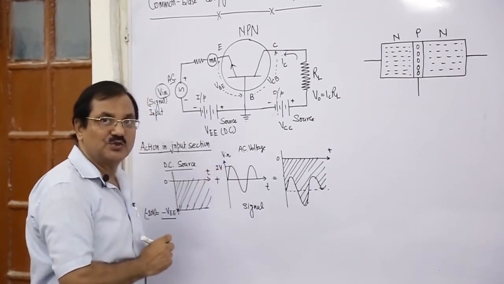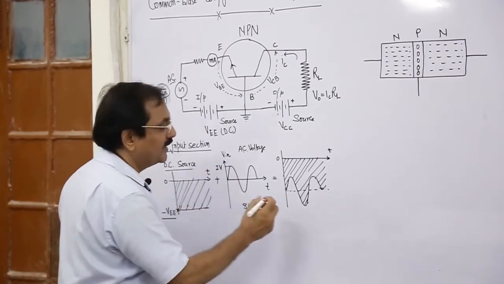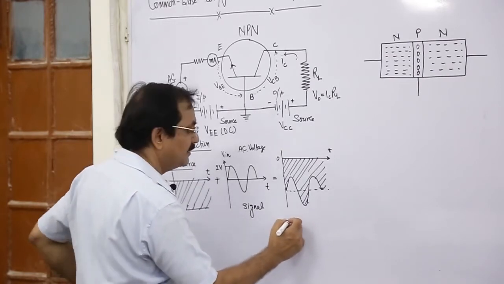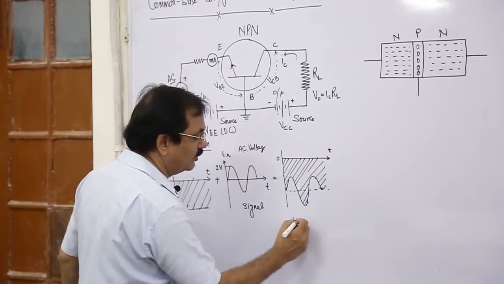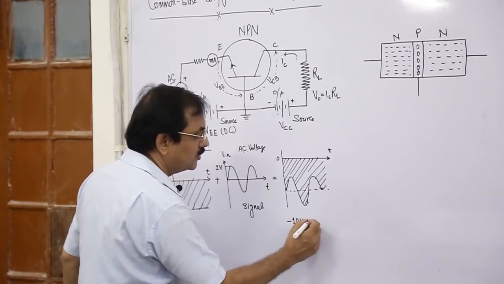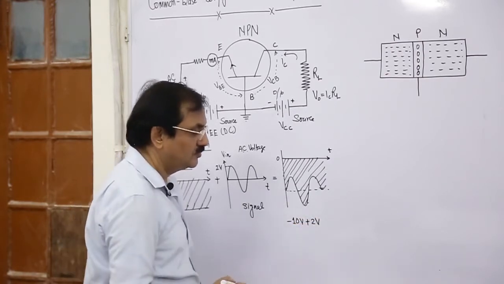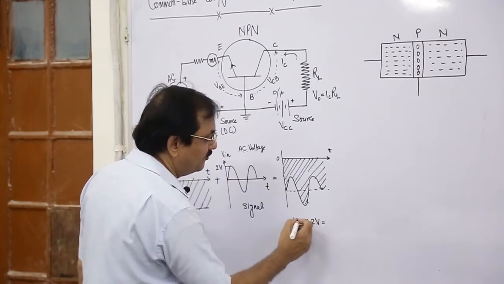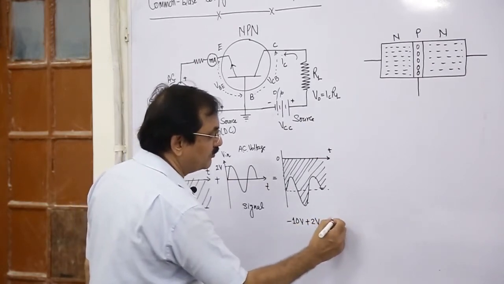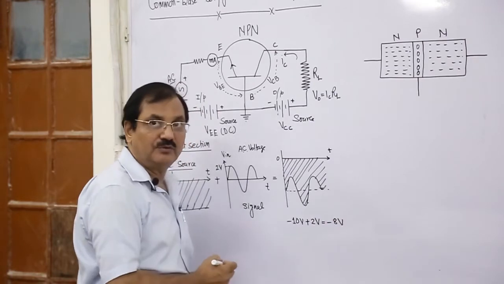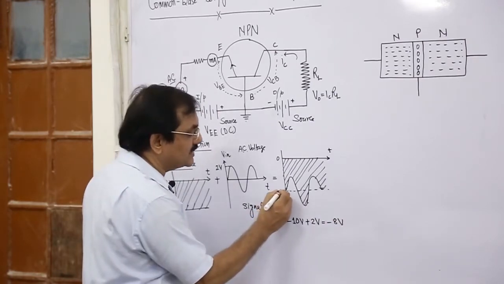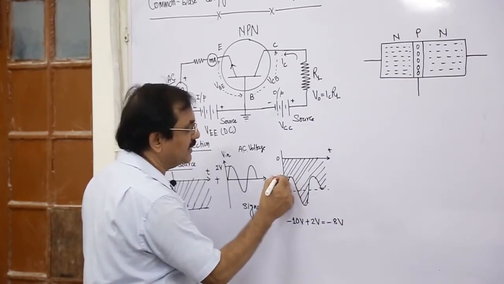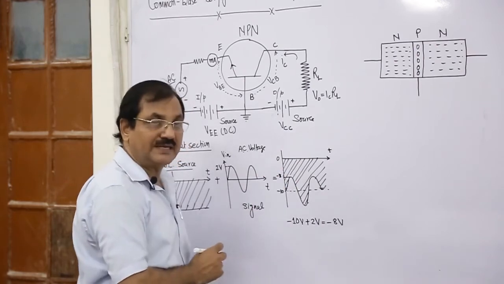So here minus 10 volt plus 2 volt, what will be the value? This value will be minus 8 volt. So this value is minus 10 volt and here it is minus 8 volt.